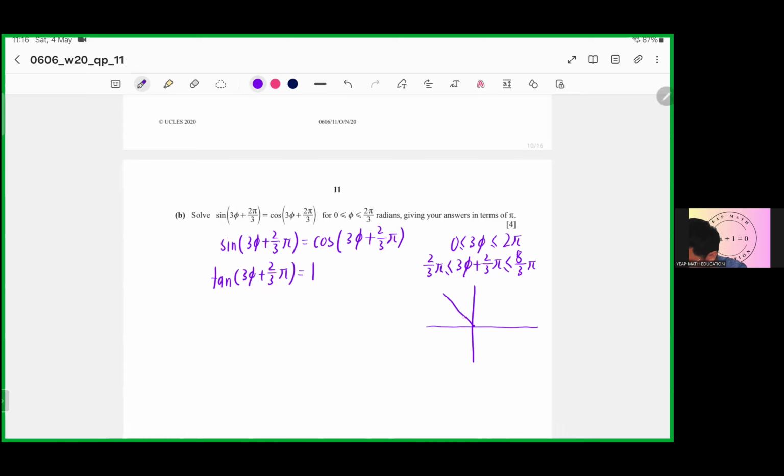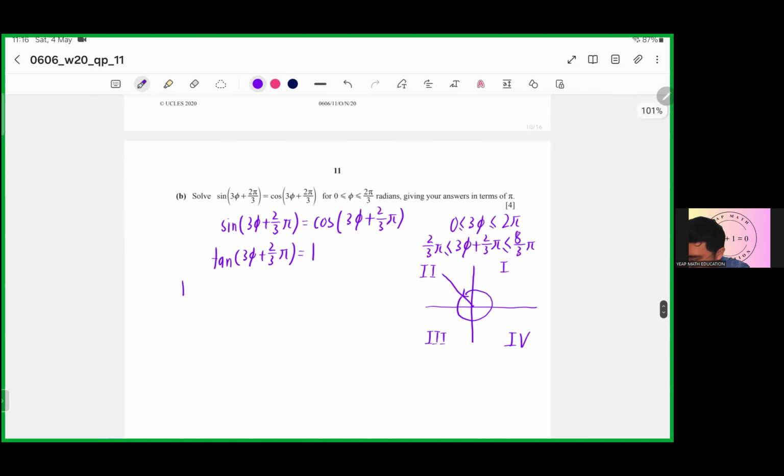Okay, we just start here in one round. So 1, 2, 3, 4. Now we start to find the reference angle first, which equals 1 over 4 π.